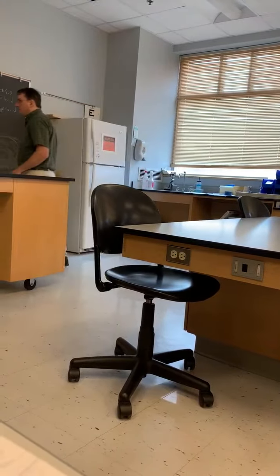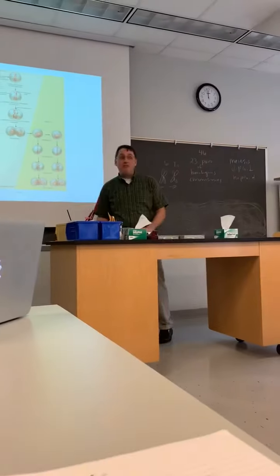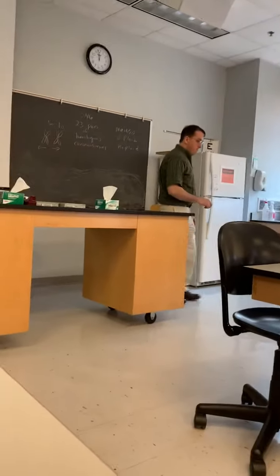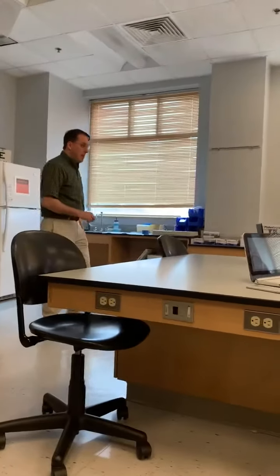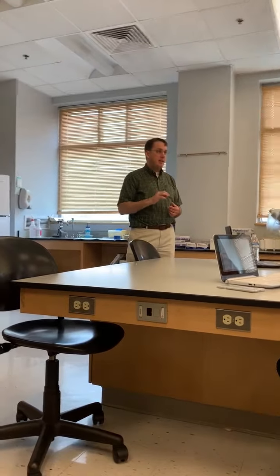Now, it's an advantage to an organism when it reproduces to maximize the genetic diversity of its offspring. Right? We have evolved a number of mechanisms to maximize the genetic diversity of our offspring.